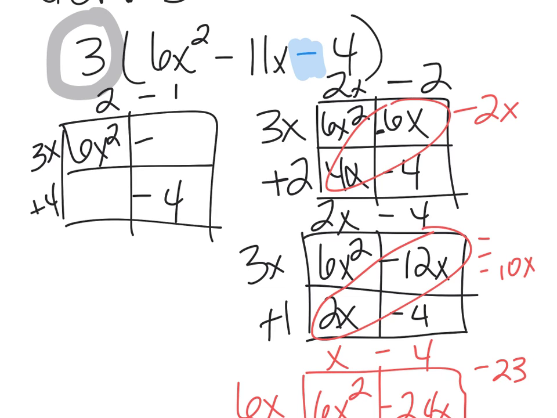It's going to give me negative 3x, right? Oh, I forgot my x there. And positive 8x. Which is going to give me 5x.